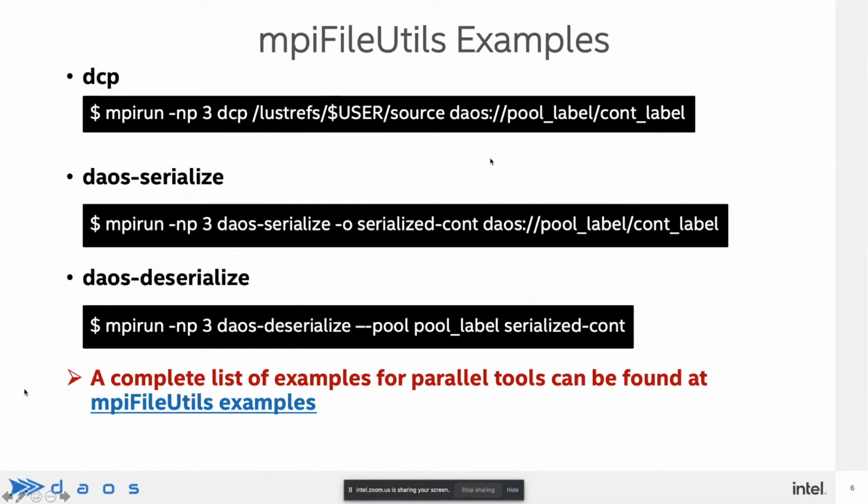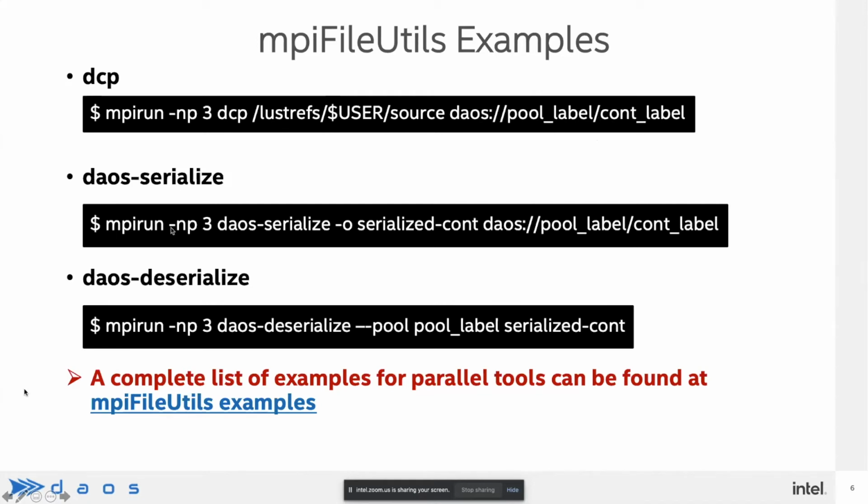In this case, it's running from Lustre as the source into a DAOS container. That's specified with a DAOS prefix and the colon and two forward slashes, and then you can specify a pool, a slash, and then a container label. You can also use a unified namespace path as a destination if you have one.